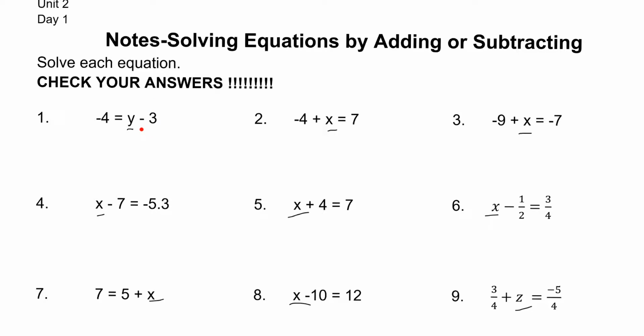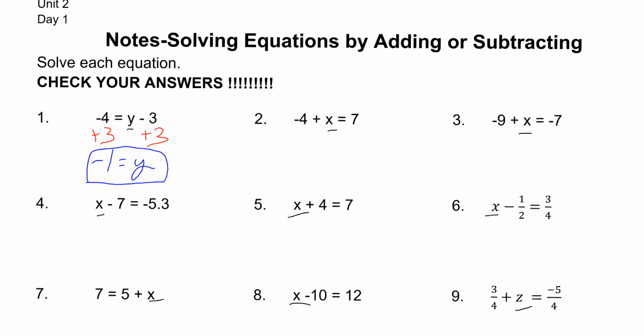And in order to get rid of minus 3, we have to add 3. When we add 3 to both sides, we wind up with negative 1 equaling y. And that's the answer. Negative 1 is y.